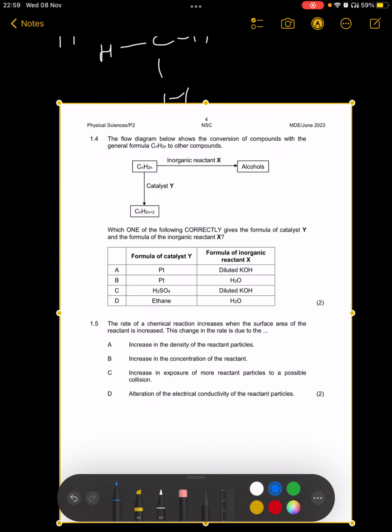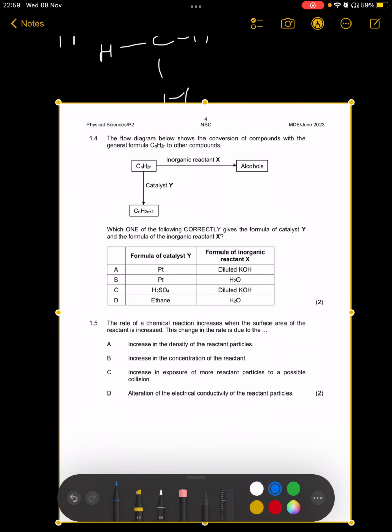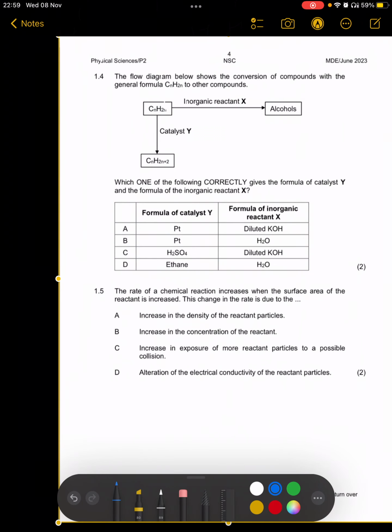Now this alkene undergoes a reaction and becomes an alcohol, and this alkene undergoes a reaction and becomes a CnH2n+2, which is an alkane. Right, now this is an alkene.